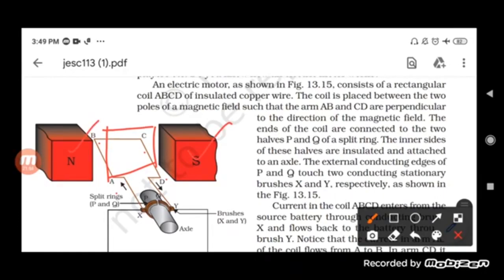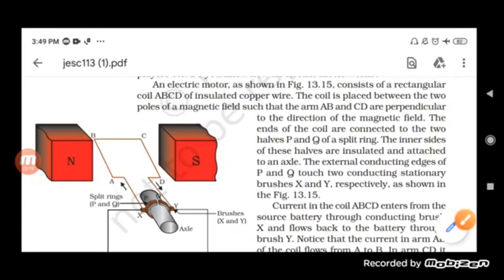So, the coil is placed between the two poles of the magnet in such a way that the arms AB and CD are perpendicular to the direction of the magnetic field. Now, see here, the ends of the coil are connected to two halves P and Q of a split ring. See, this is the split ring. I will show you.